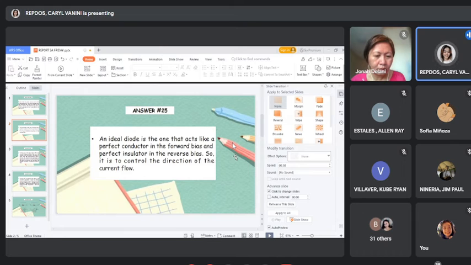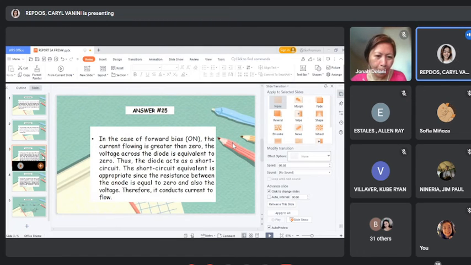So it is used to control the direction of the current flow. It is like a one-way valve that a substance can pass through or can be blocked. In the case of forward bias, or when the device is on, the current flowing is greater than zero while the voltage across the diode is equivalent to zero.